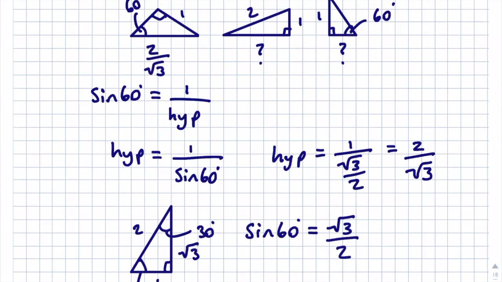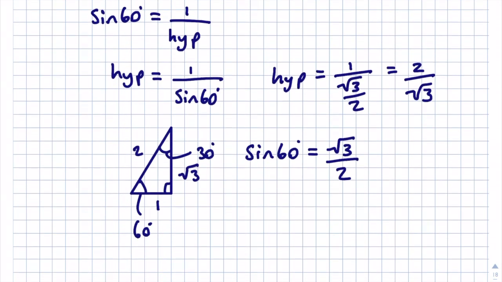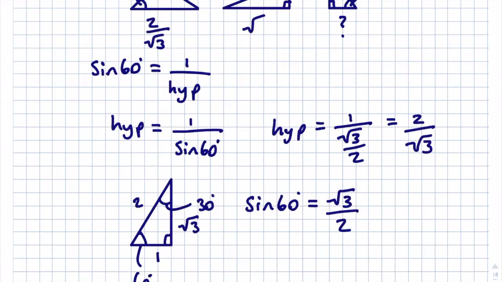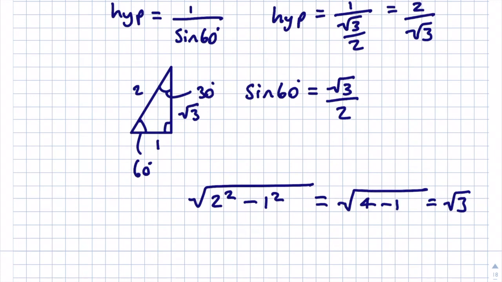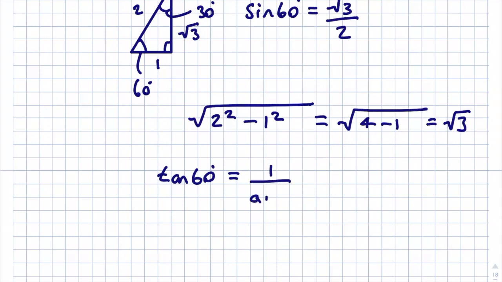Now on the base of the second triangle, well, we can work that out using Pythagoras' theorem. It's just going to be square root of 2 squared minus 1 squared, which is root 4 minus 1, which is root 3. So the base is root 3. Now on the base of this other triangle, well, that's going to be opposite over adjacent. So that's going to be tan 60 equals opposite, which is 1 over the adjacent.